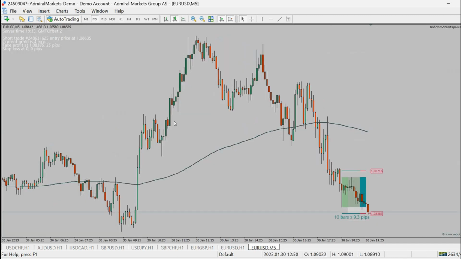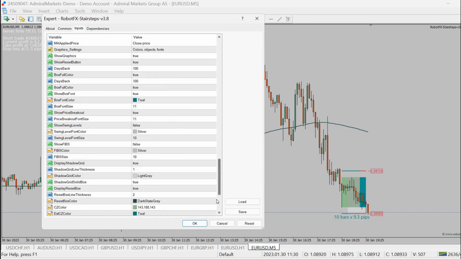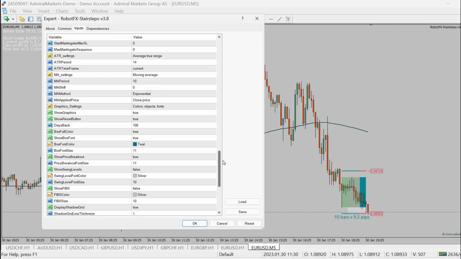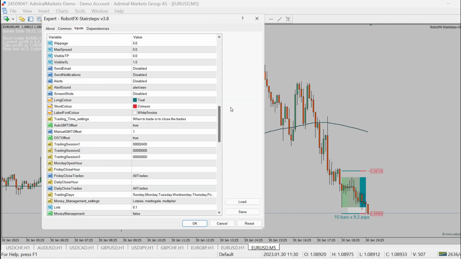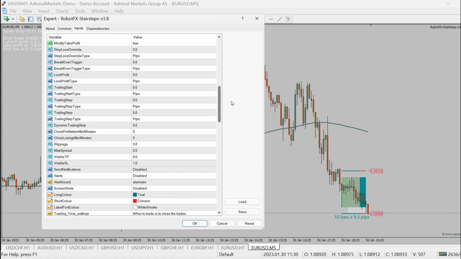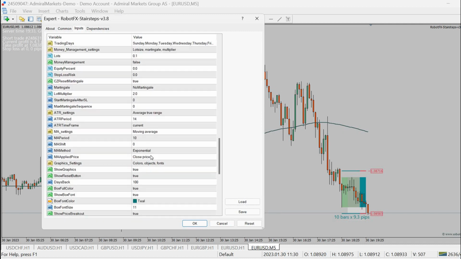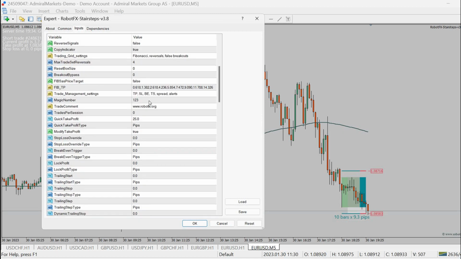So if I had 1, 2, 3 there on EURUSD for the indicator, I want to have also 1, 2, 3 on the expert advisor. Yeah, I forgot where the magic number is. I also want to have 1, 2, 3 as a magic number in the expert advisor settings. I know the setting, it already is, okay.